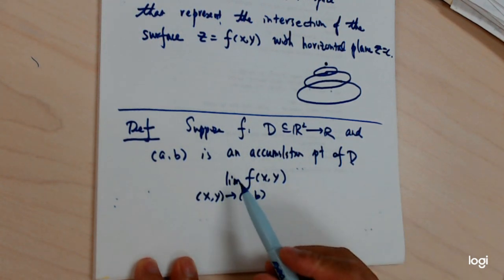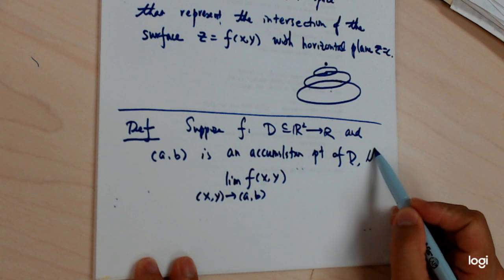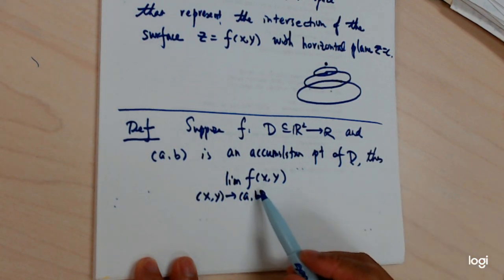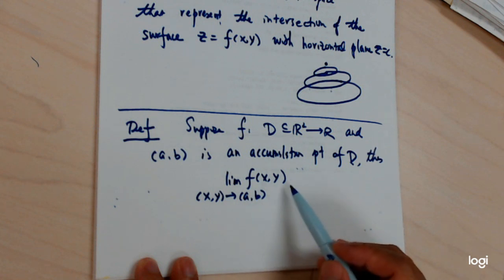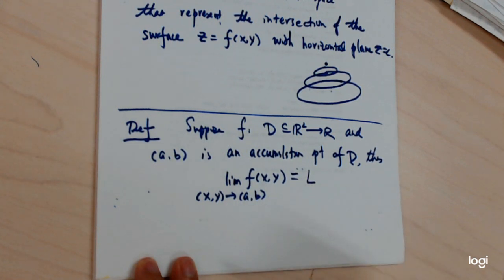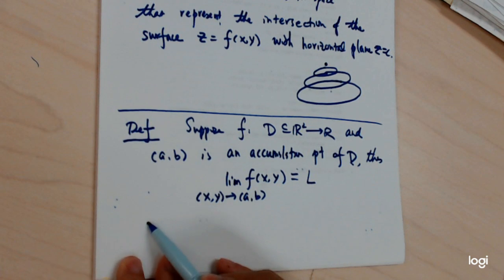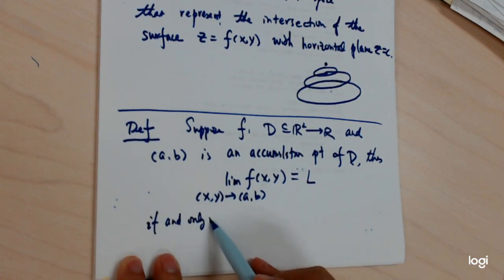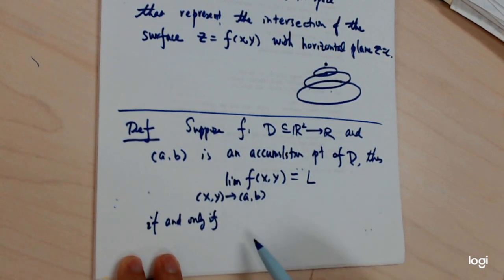So here we say the limit of f at this accumulation point is L when (x, y) approaches (a, b) if and only if, think about the epsilon-delta definition.